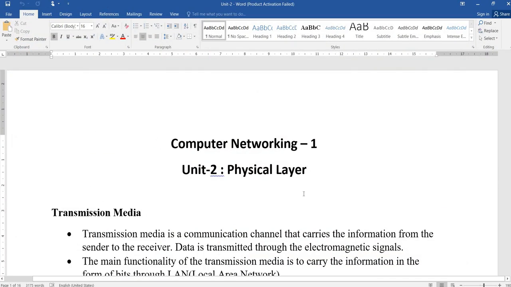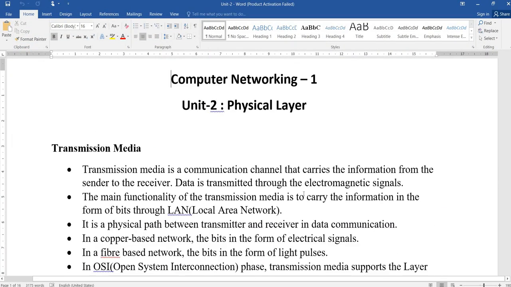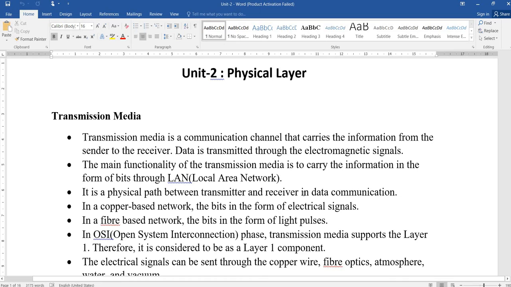Okay, let's start the second unit. The second unit is the physical layer.